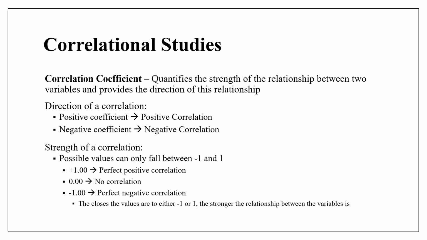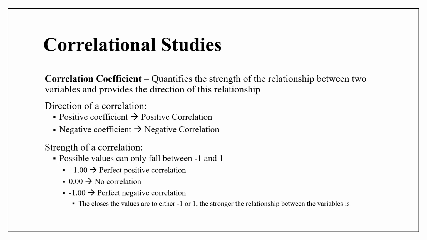Now, within this range of values that you could possibly get, you could get some negative values, some positive values. The negative and positive only indicates the type or direction of correlation that you have. Is it a positive correlation? Is it a negative correlation? The strength is based on the actual number that you have for the correlation.